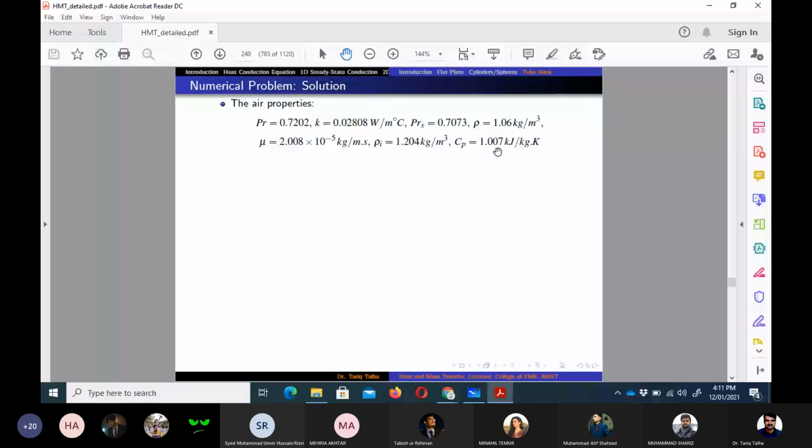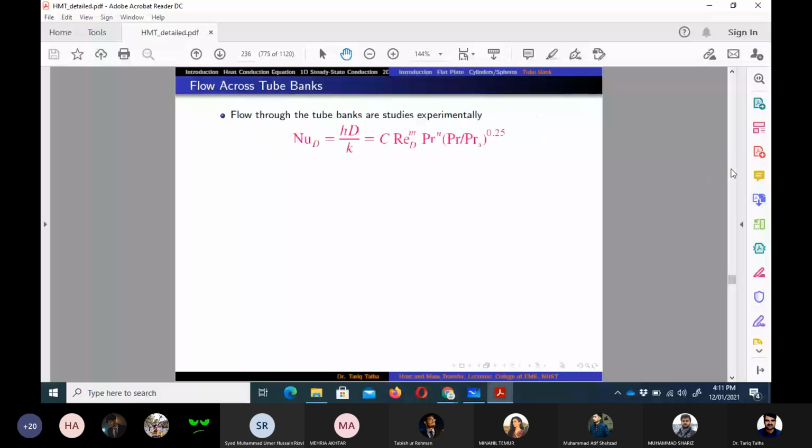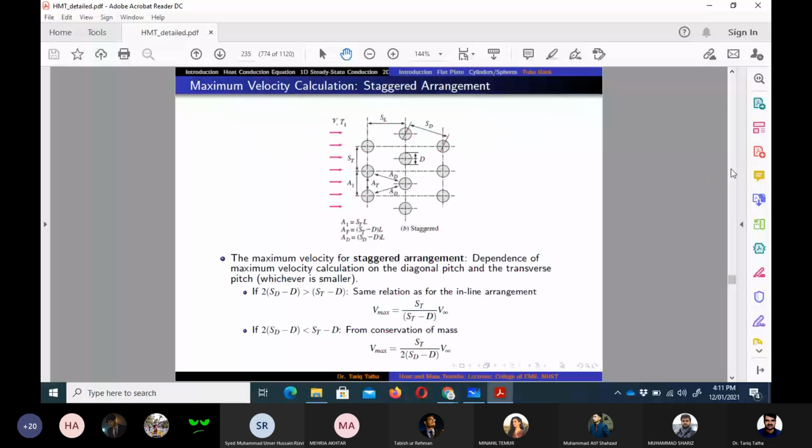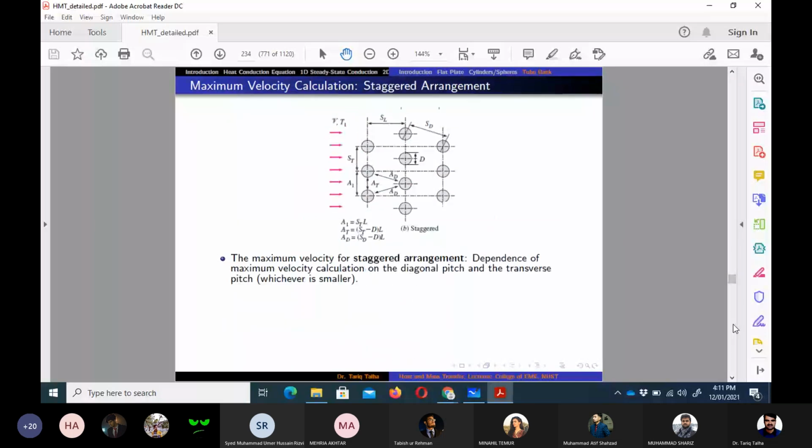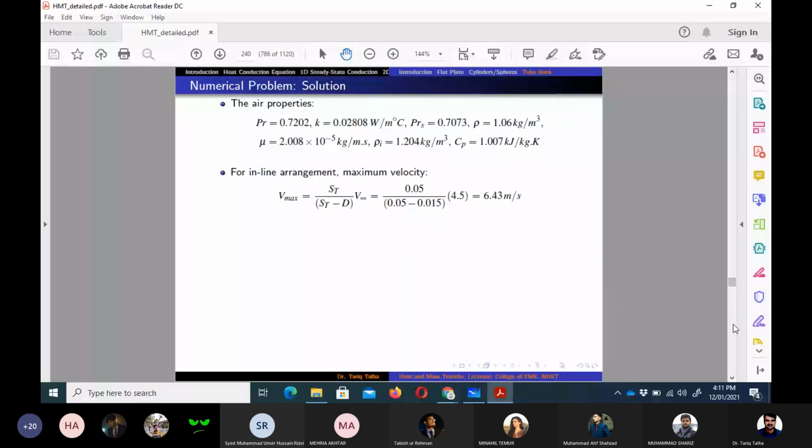In order to determine the Reynolds number, we need the maximum velocity. Because it is an inline arrangement, we use this formula: Vmax is equal to ST divided by ST minus D, into U infinity. It should come out greater than 4.5.